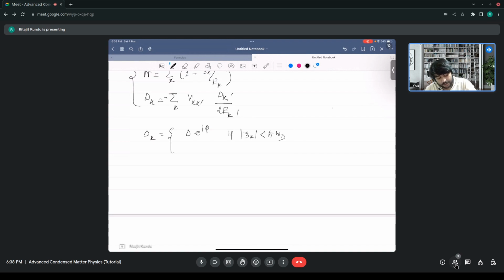So if you have a circular Brillouin zone or circular Fermi surface, then there is a very small energy window where this gap is non-zero. This width is given by the Debye energy, where omega_D is the Debye frequency. And if you go out, then this is just 0.